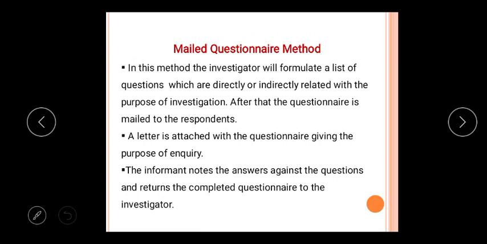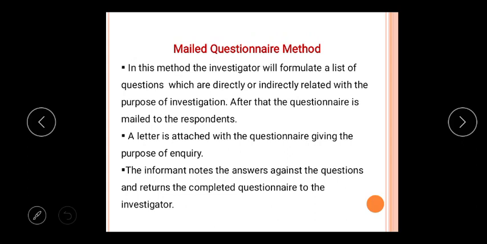A covering letter is attached with the questionnaire giving the purpose of inquiry, where it is also ensured that the information given by the respondents would be kept secret, and a request is made to the informants through this covering letter to fill up the questionnaire and send it back within a specific period of time. The informant notes the answers against the questions and returns the completed questionnaire to the investigator.